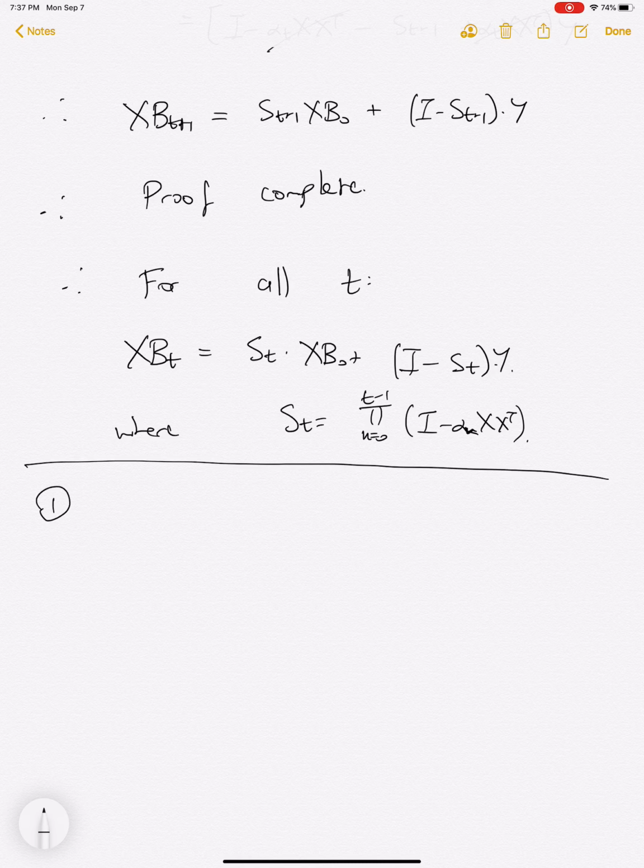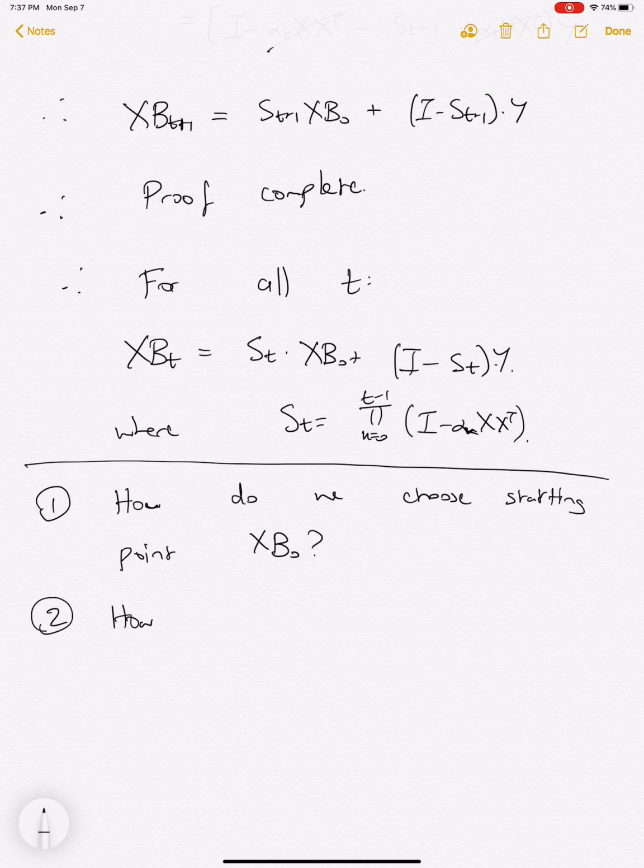So how do we choose the starting point? That means choosing beta_0 or x_0. How do we choose the sequence of step sizes?